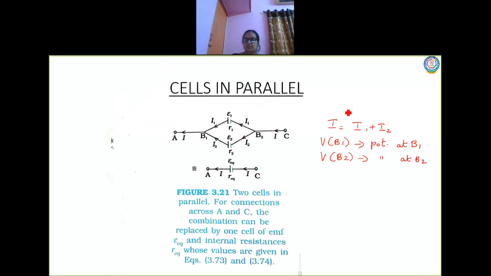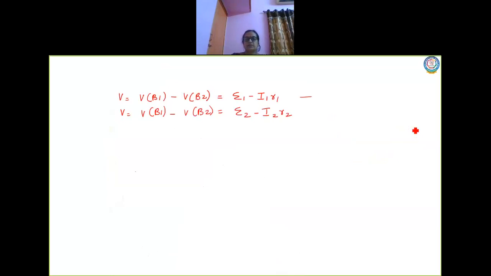Let me mark this as equation 1: total current is I1 plus I2. Now let the next equation be 2 and here it is 3. So I am going to have these 3 equations combined.